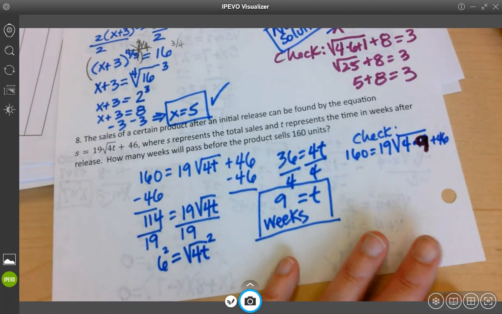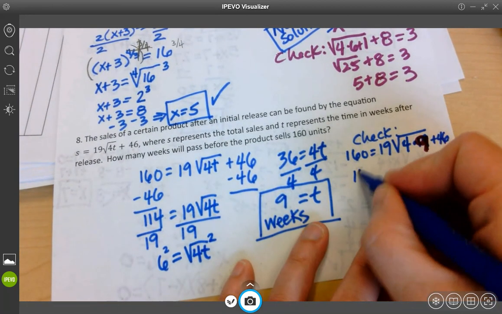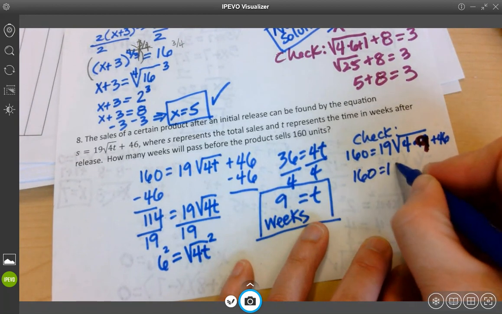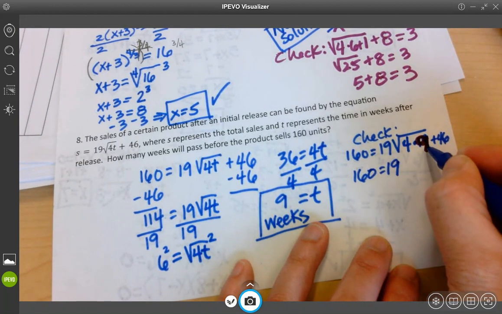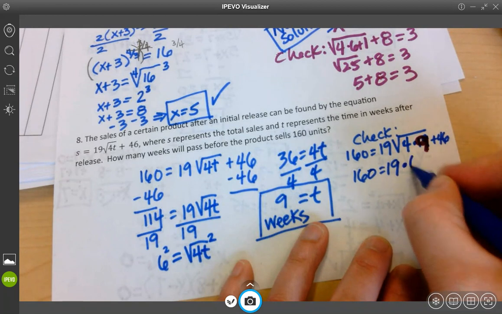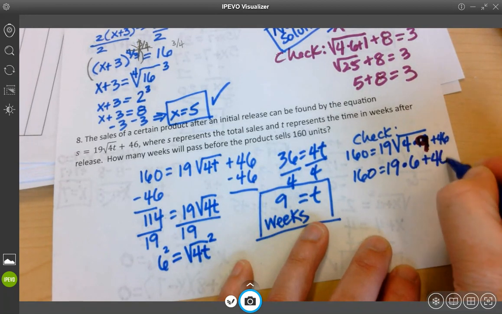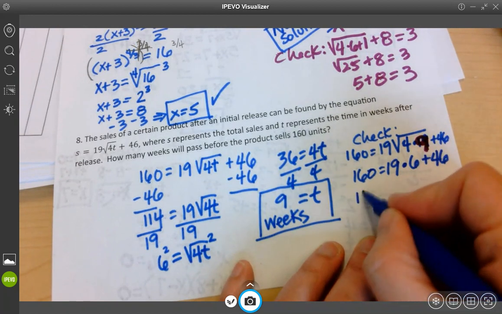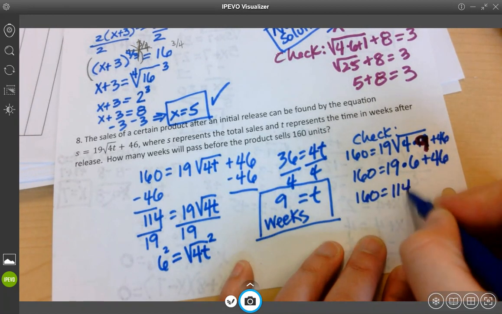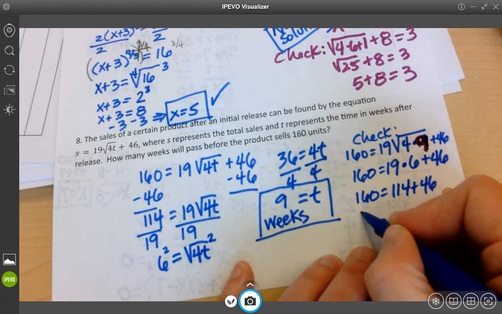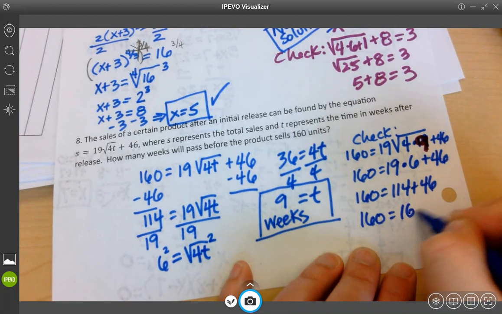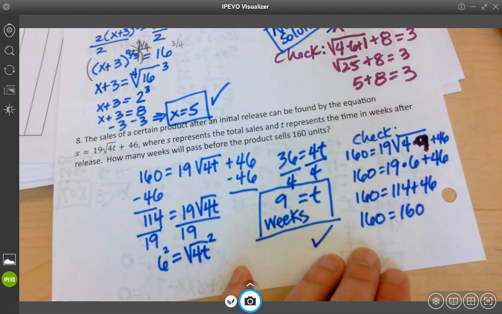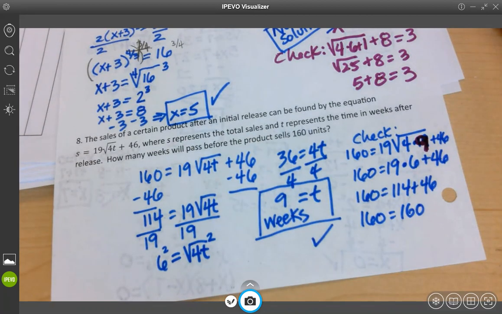That works. So 160 equals, this is 36, and the square root of 36 is 6. Okay, and if I do multiply these, I should get 114 plus 46, which is 160. Okay, so it works. All right.